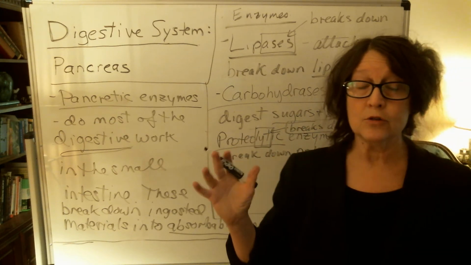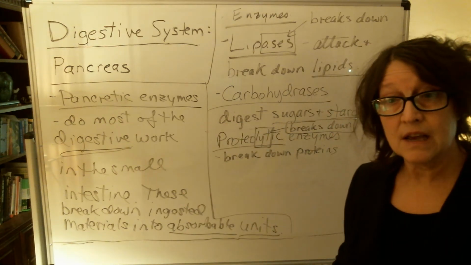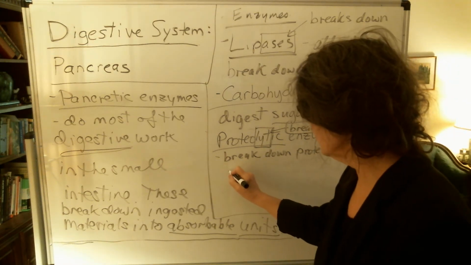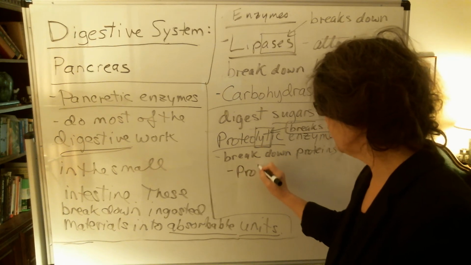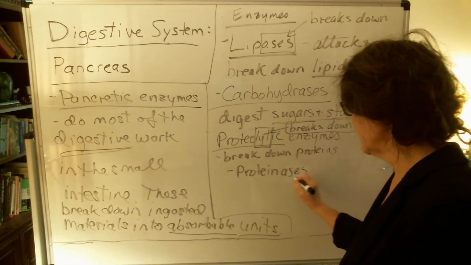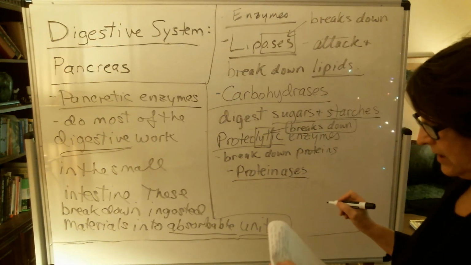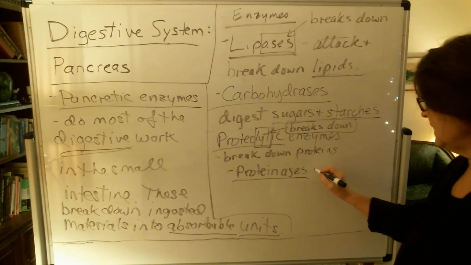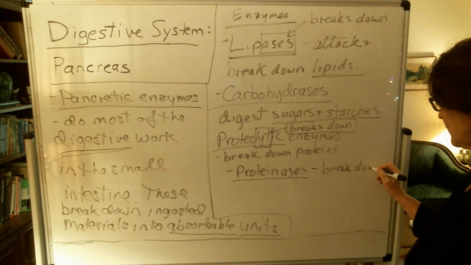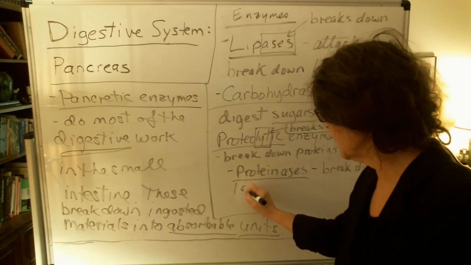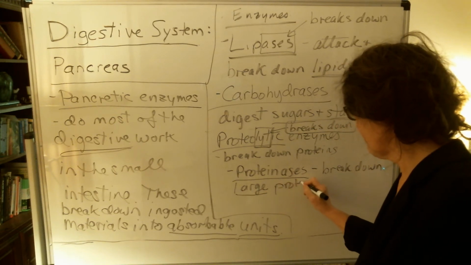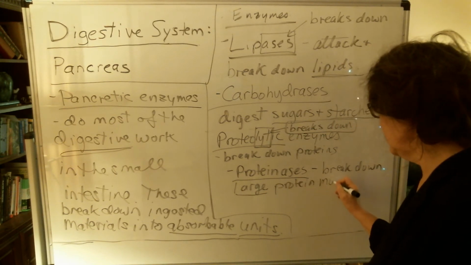But proteins are huge molecules, so we actually have two different classes of proteolytic enzymes in order to take care of these. First, we have what are called proteases. So these then break down proteins, and these then break down large protein molecules.